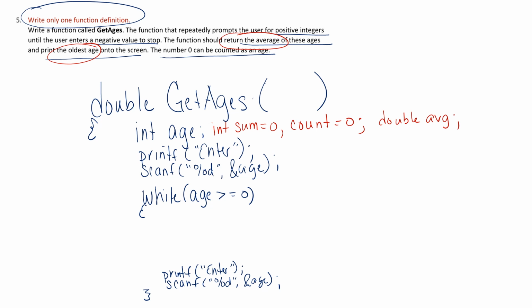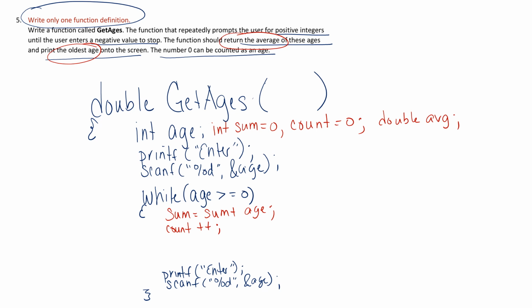So you get the age, so the sum equals sum plus age. So I'm going to add up the sum of all of the ages, and of course then I need to keep count, so I'm going to say count plus plus. Now I need to get the oldest age.